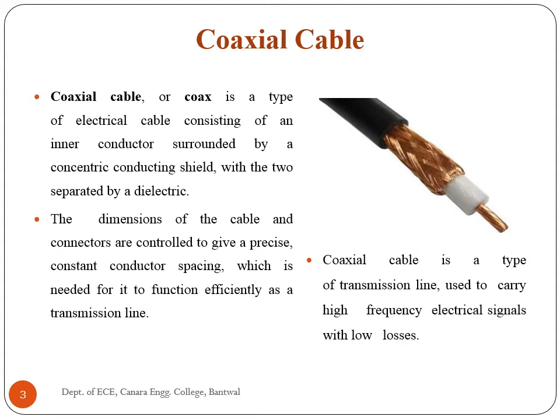The outer conductor also acts as a shield to prevent external signals from interfering with the internal signal. It also prevents internal signal leakage. Coaxial cables usually possess a characteristic impedance of either 50 ohms or 75 ohms.